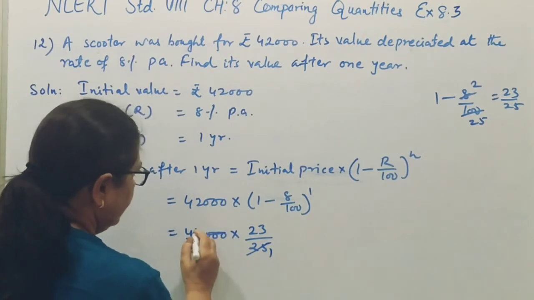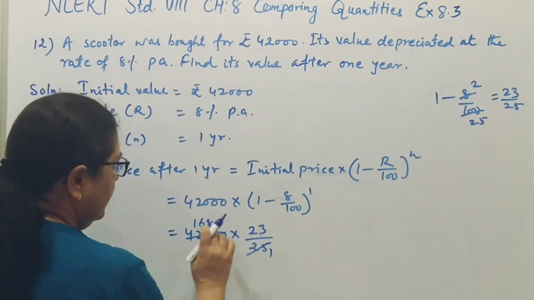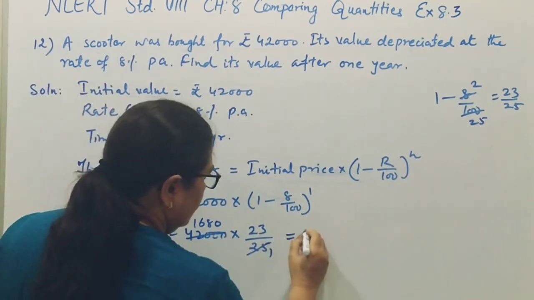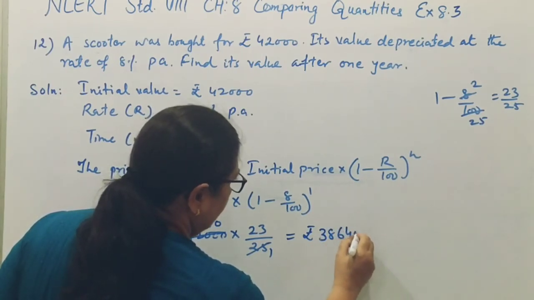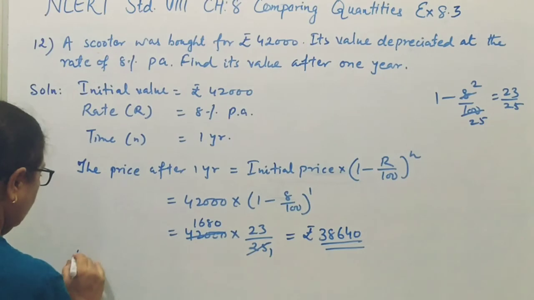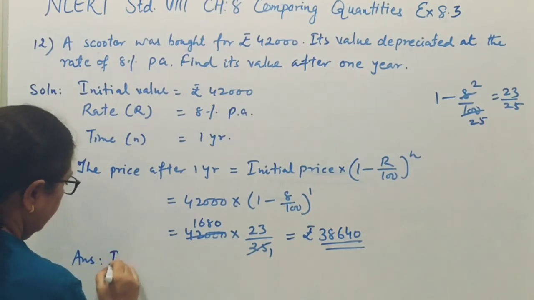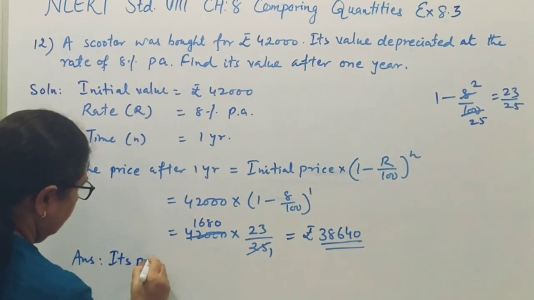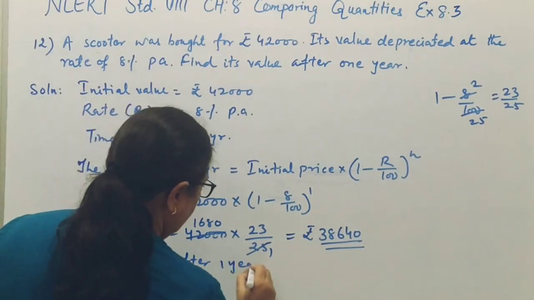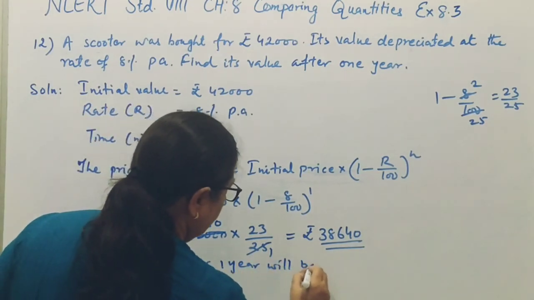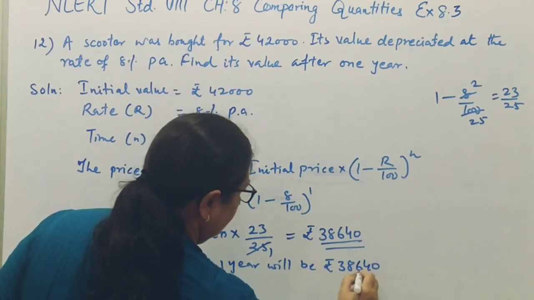So after simplification we'll get 1680 multiplied by 23. So we will get 38,640 rupees. So the answer is its price after 1 year will be rupees 38,640.